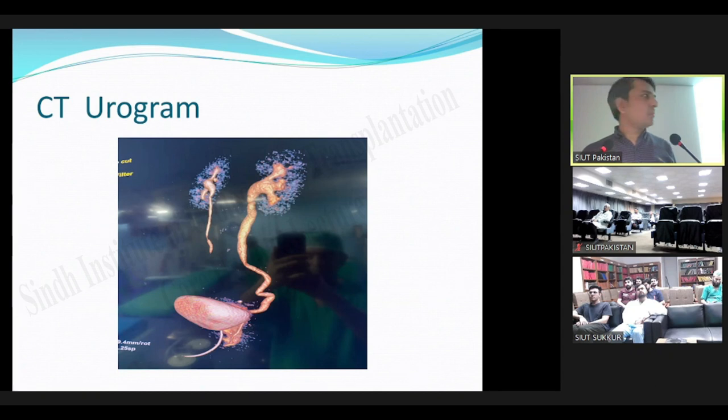When the whole length of a ureter is opacified, is it normal? The right side or the left side? The whole length of the ureter is opacified on the left side. Its lower end was dilated.